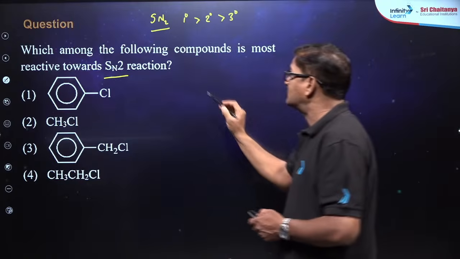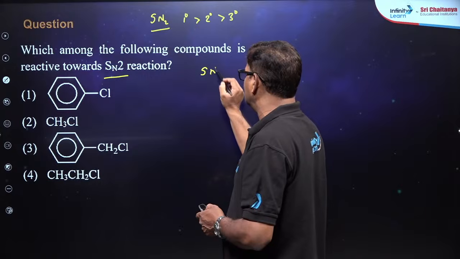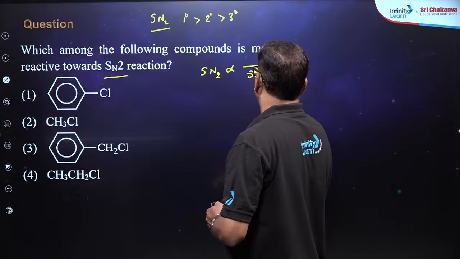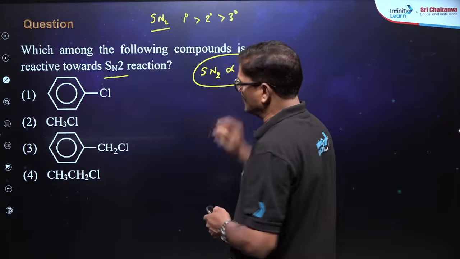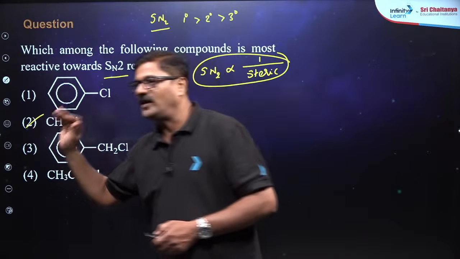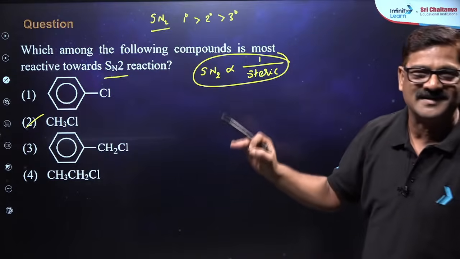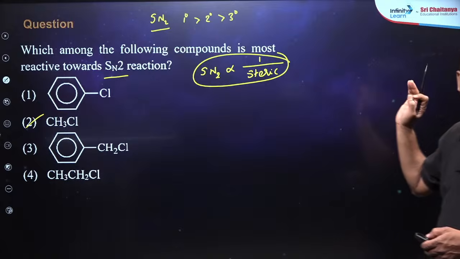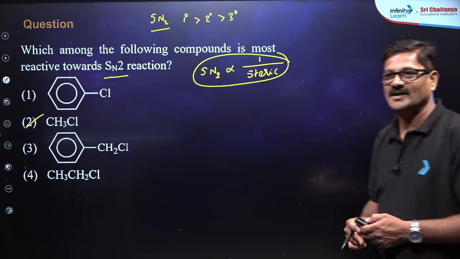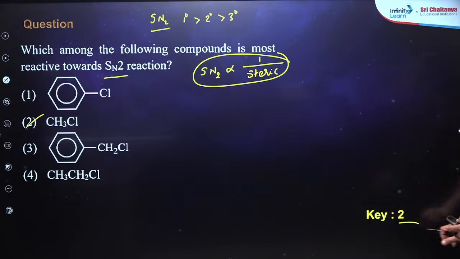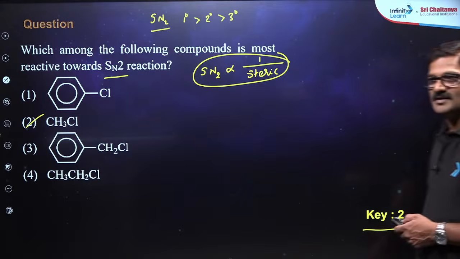Or, more precisely, SN2 reactivity is inversely proportional to steric hindrance. So you can say methyl chloride is the most reactive among all alkyl halides in SN2 reaction. Okay, bacha? Option 2 is the correct answer.